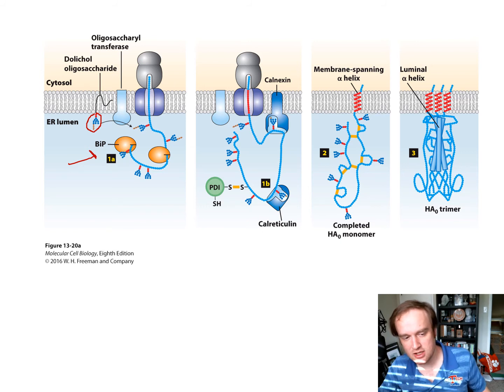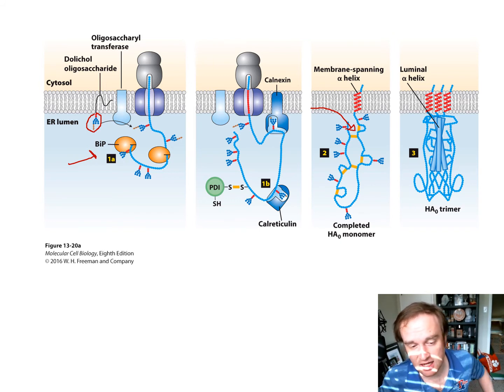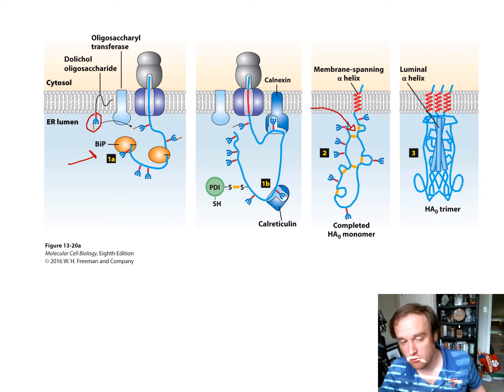So then in step 2 here, PDI catalyzes the formation of these 6 disulfide bonds per monomer that we had talked about. As you can see, these little orange bridges there. And once it is properly folded, the monomer releases those chaperones.